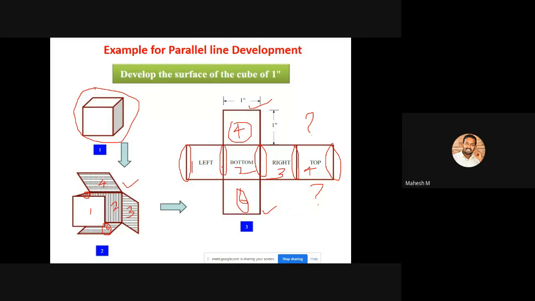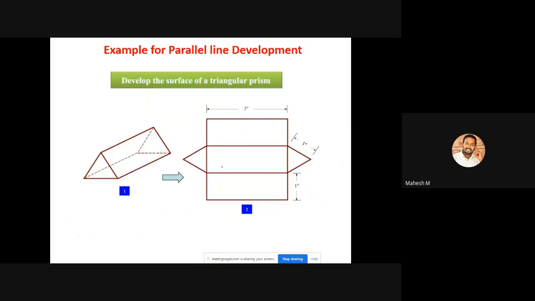Okay. So this one is a triangular prism. For a triangular prism, we will have 3 rectangular faces and one bottom face and another top face. Okay, so the 3 rectangular faces are drawn parallel, and this one can be called the top surface, and this one the bottom surface.